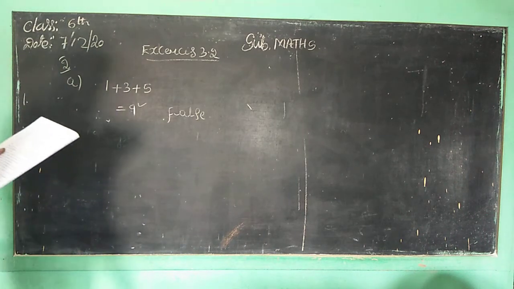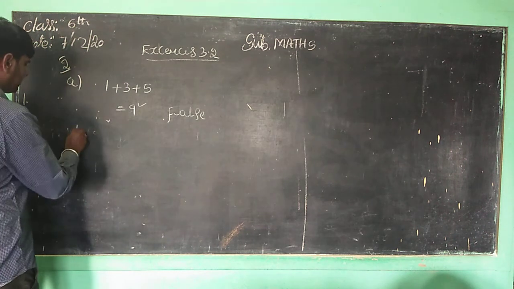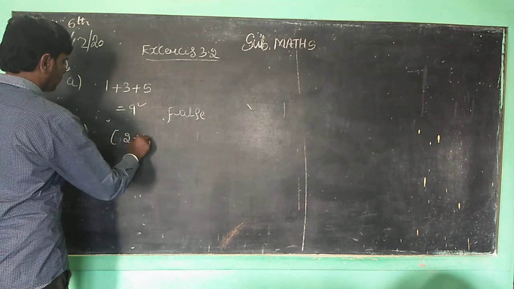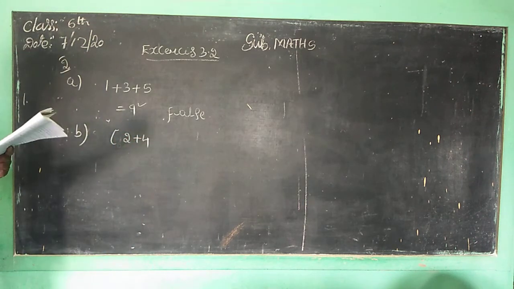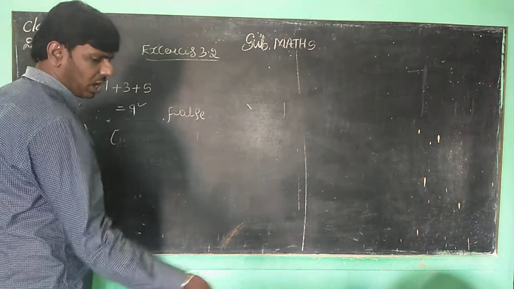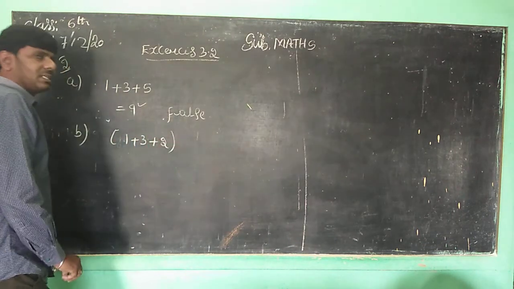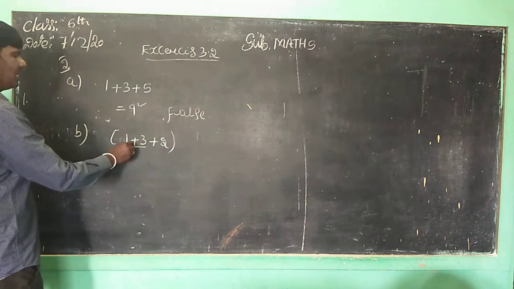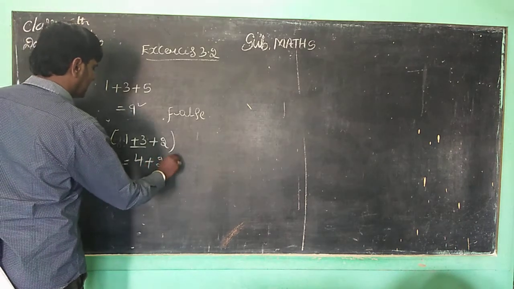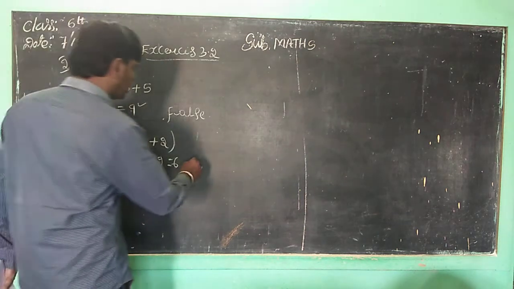Children, now we want to take: the sum of two odd numbers and one even number is even.